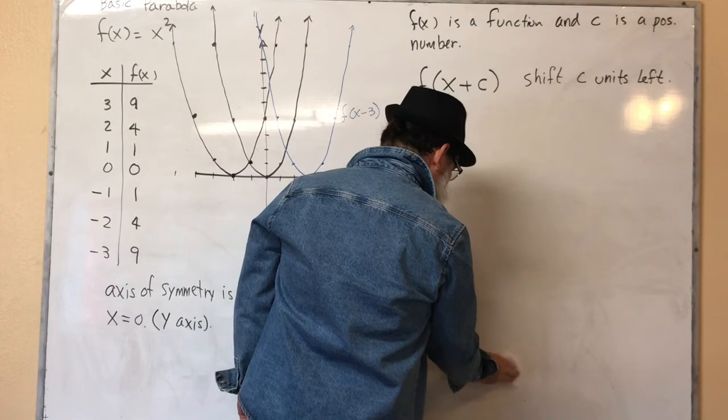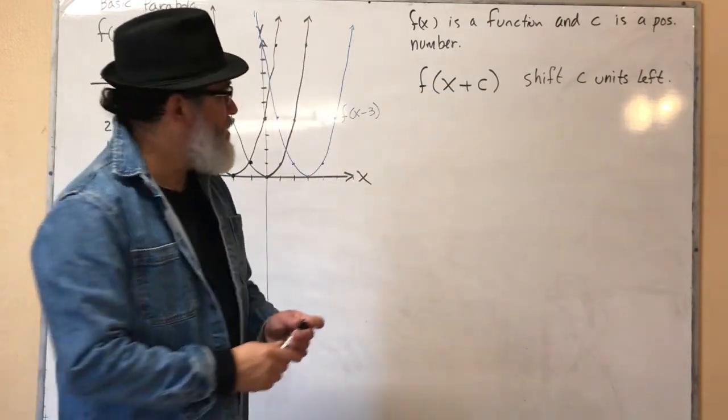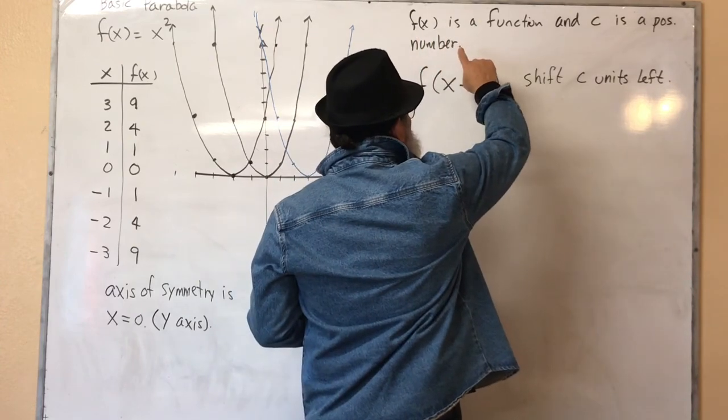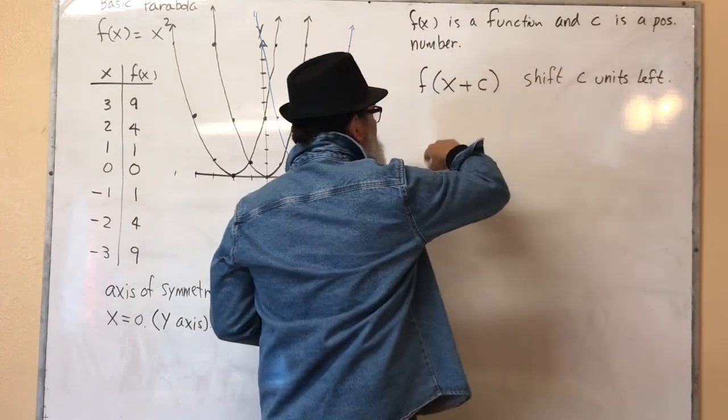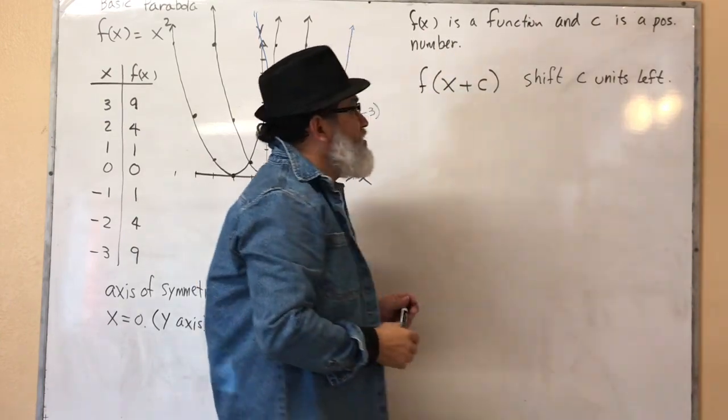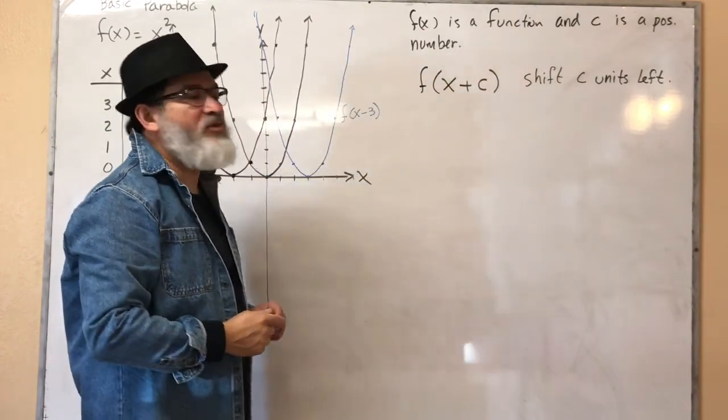So it seems to me that for any function f of x, and c is a positive number, f of x plus c is a shift c units to the left.